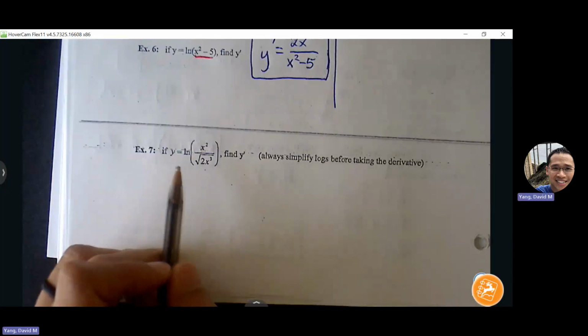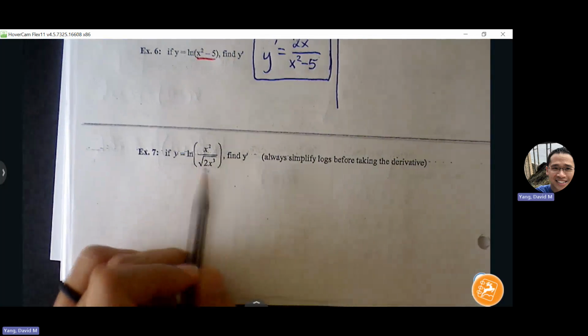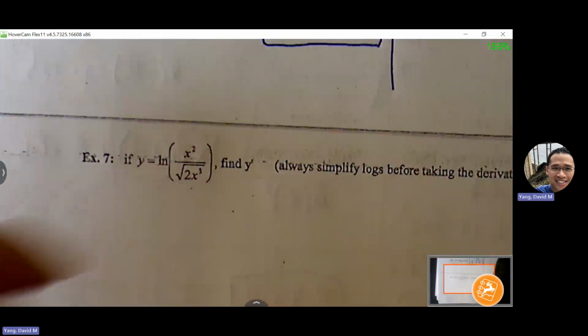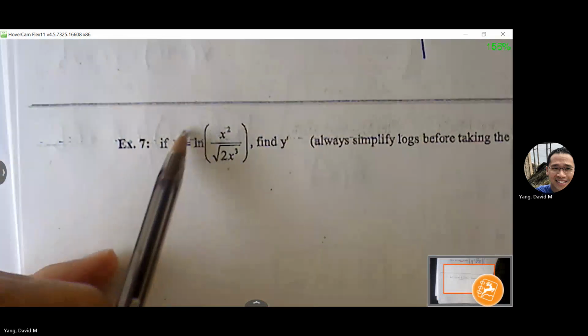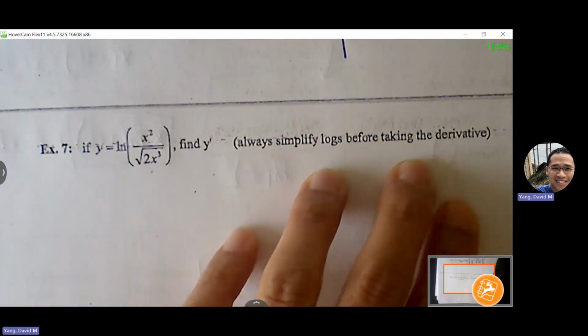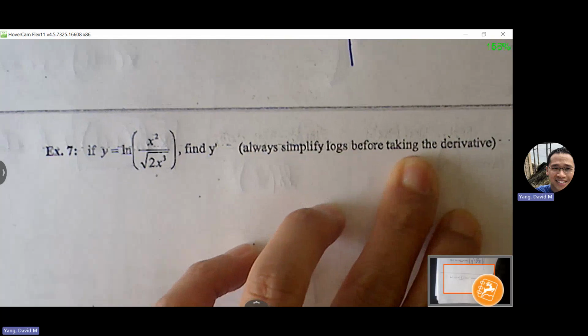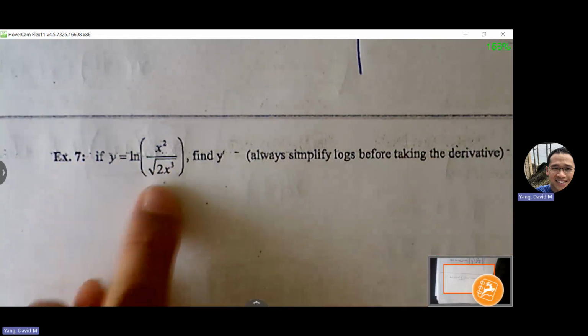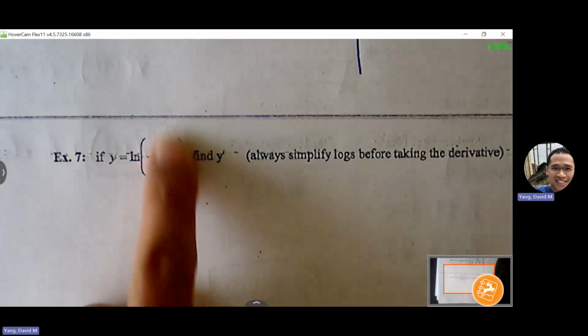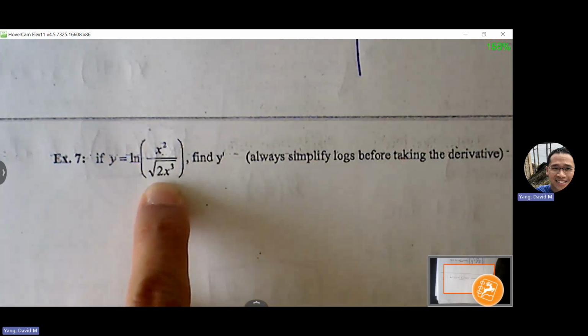Now, the thing we have to be thinking about when we see a natural log problem or log problem is, let's always take advantage of expansion if we're able to. We would prefer not to do u prime over u at this stage, right? If I want to find the derivative of this messy expression, I have to go through quotient and chain, and we would prefer to avoid it if possible.